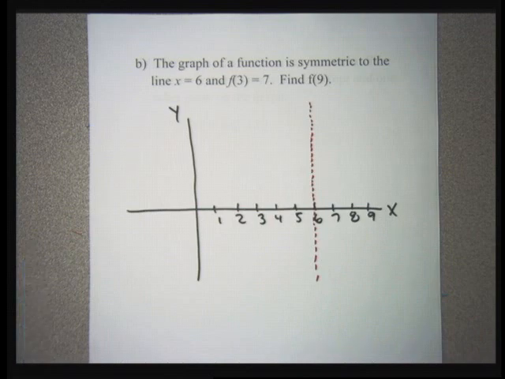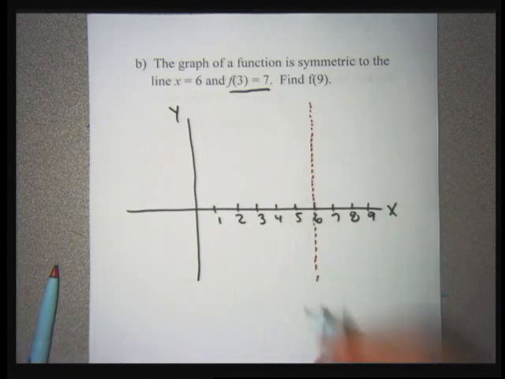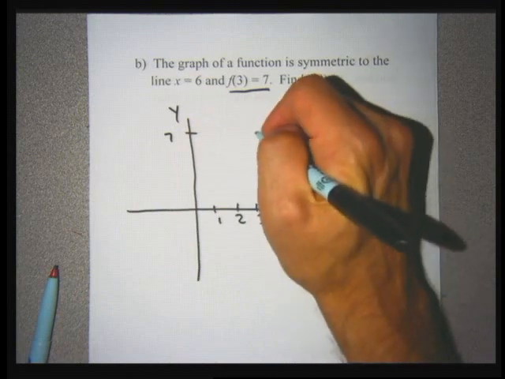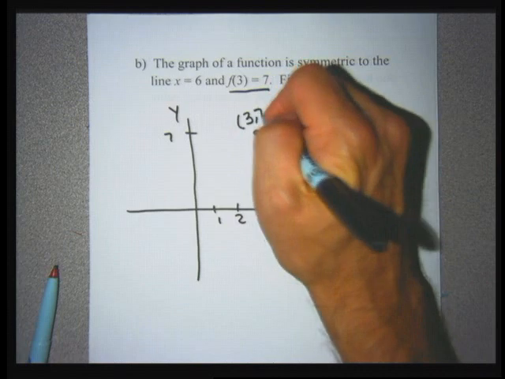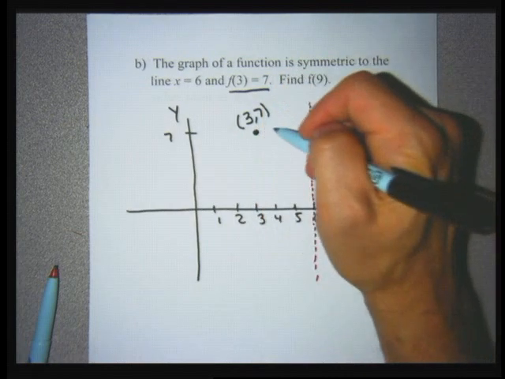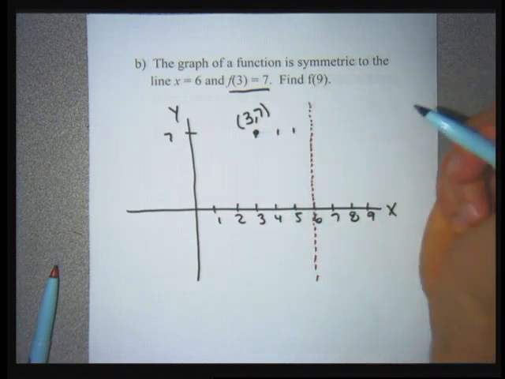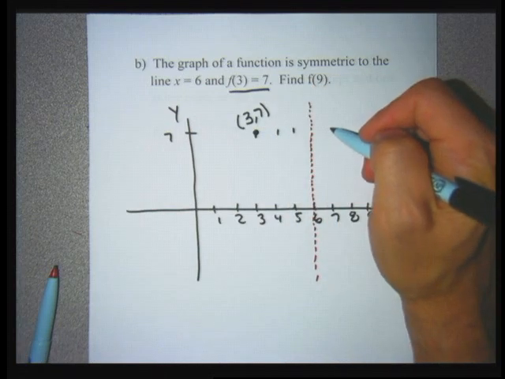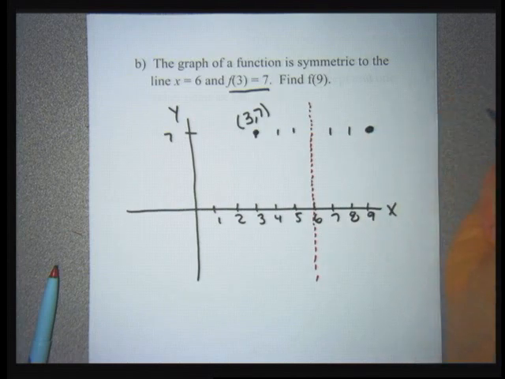And the point that's implied by the given information, f of 3 equal to 7, refers to the point 3, 7. And I get a little bit lazy on my y-axis, but I hope that you can hang with that. And this point is 1, 2, 3 away from my line of symmetry. So if I go to the right of my line of symmetry, 1, 2, 3, this is the point of symmetry.